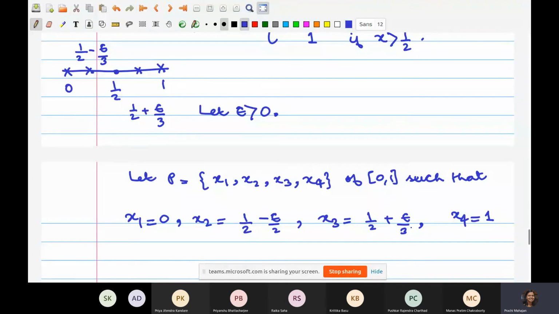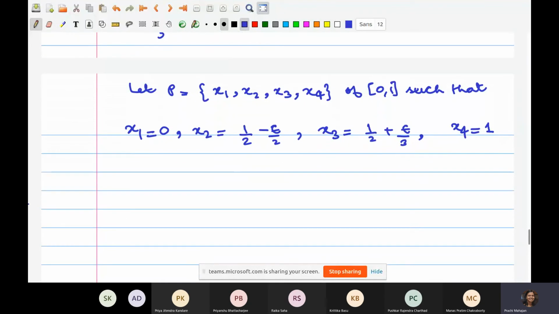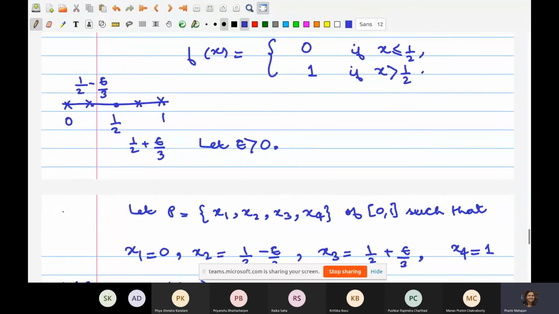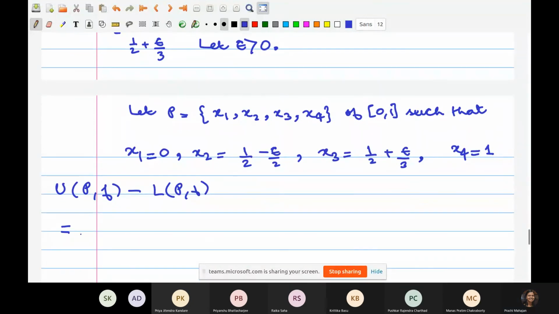Now, what is the advantage of doing this? Let me compute the upper sum corresponding to this partition minus the lower sum corresponding to this partition. So what is it by definition? Let me write that down, maybe that will help better.